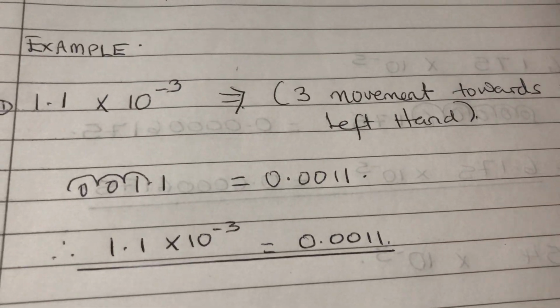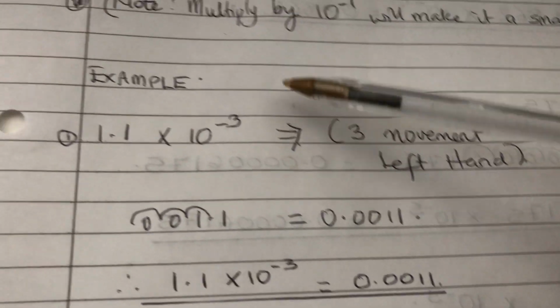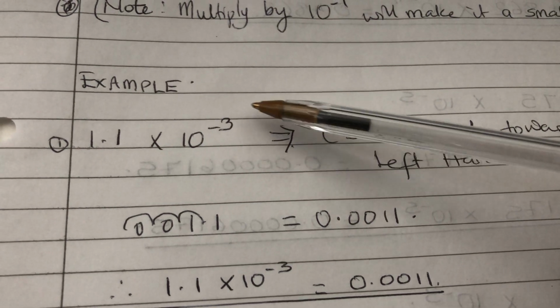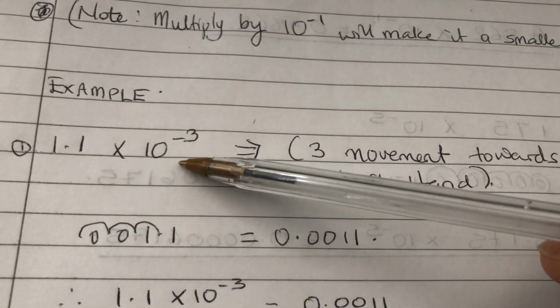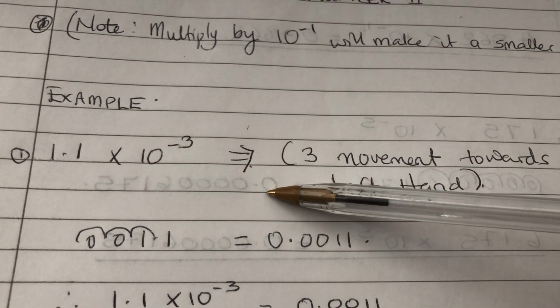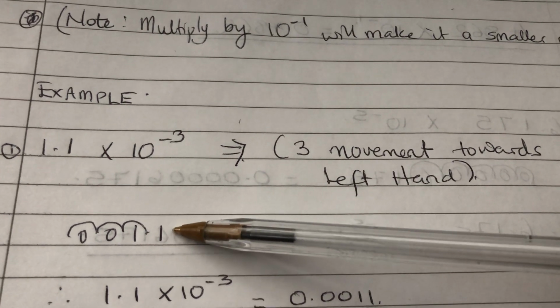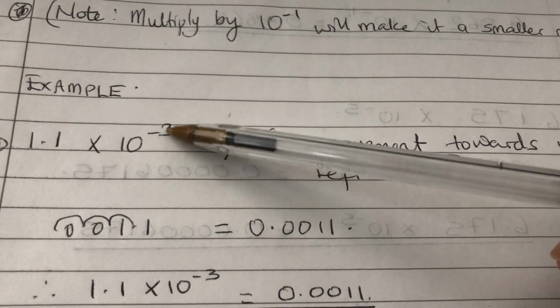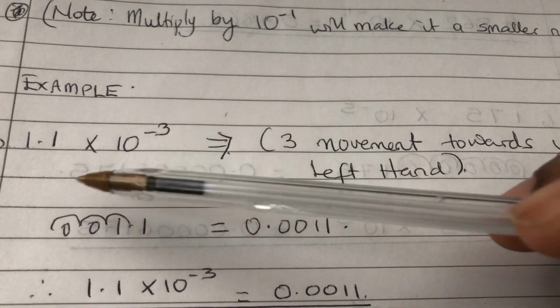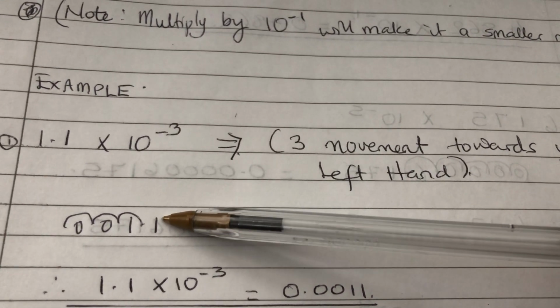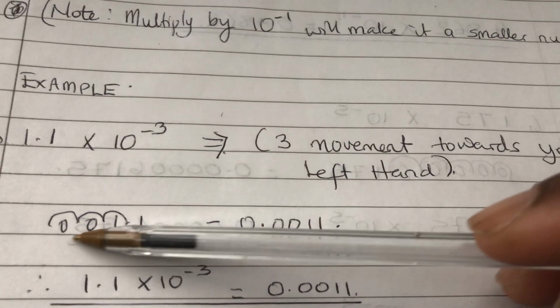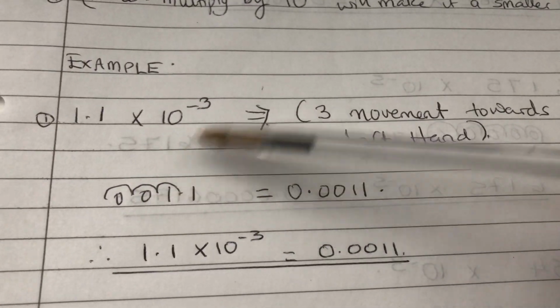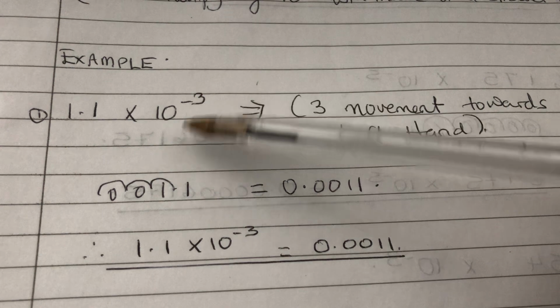Okay, so if you are doing it, remember, so the first example, 1.1 times 10 to the power minus 3. So we are going to have 3 movements towards our left because of this negative. So I'll repeat 1.1. I'll leave some space towards the left. Okay. So now 3 movements.